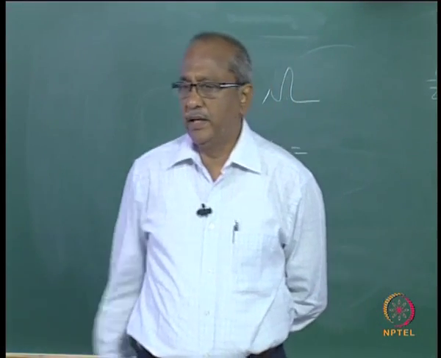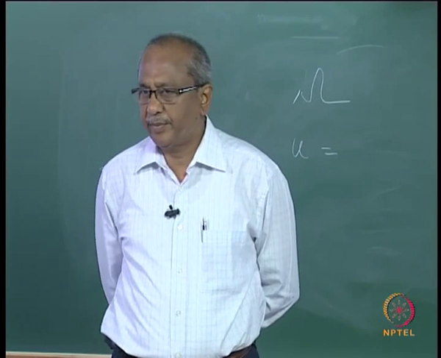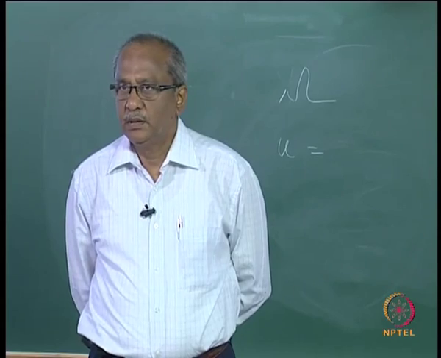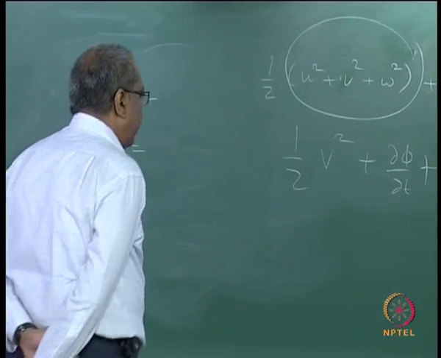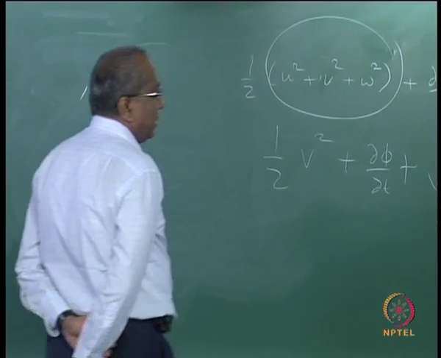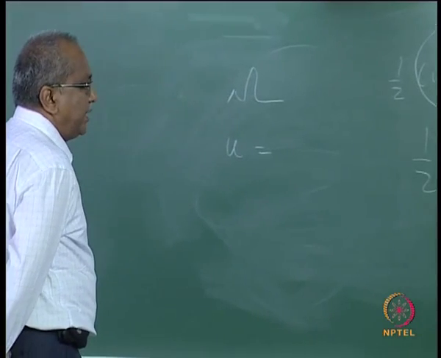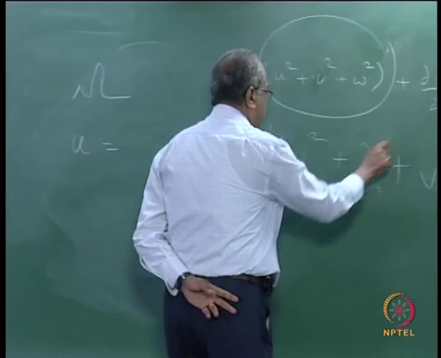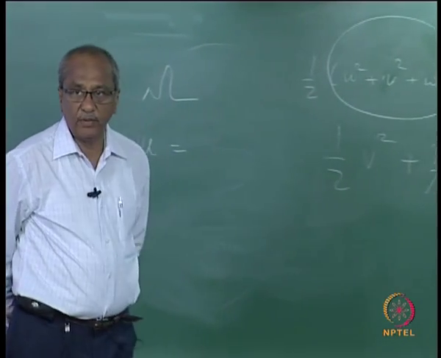In a general form you can represent the Bernoulli equation in this form. When you consider only steady flow, t will disappear, so this will go only for steady flow.